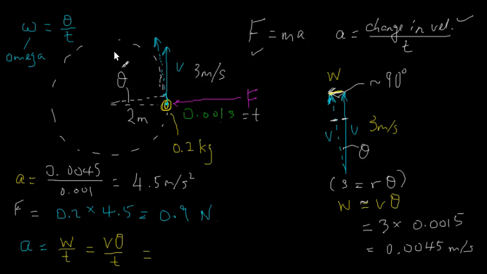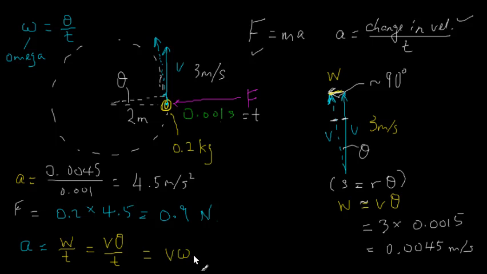So it might be easier if I can express this in terms of the angular velocity. You notice that this is theta over t, which is omega. So I can replace this by omega. So that's v times omega, v times the angular velocity.